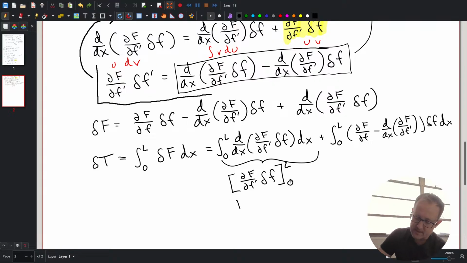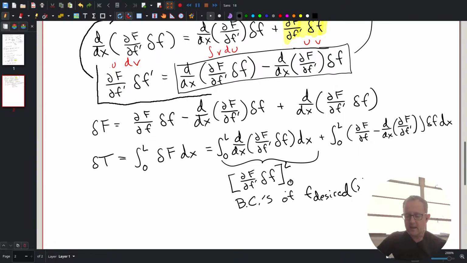Really what this is telling me is the boundary conditions of my equation. That desired f of x has to have these boundary conditions: either the derivative at 0 has to be something, or f has to be specified. So delta f has to be 0 at L and 0.